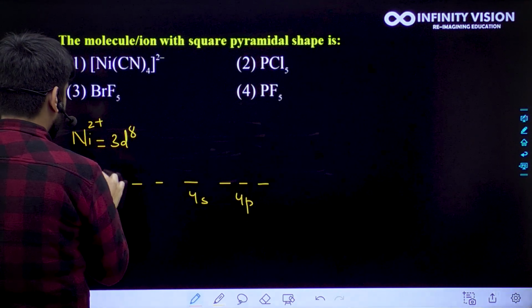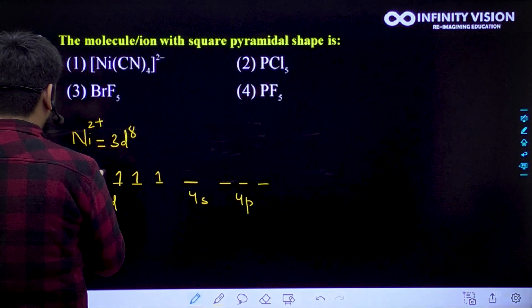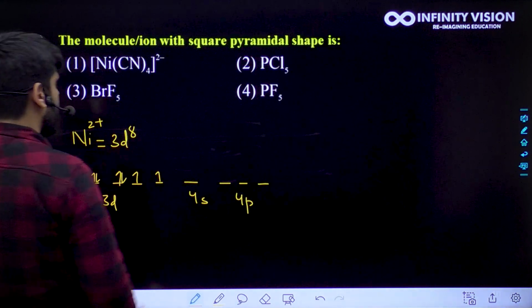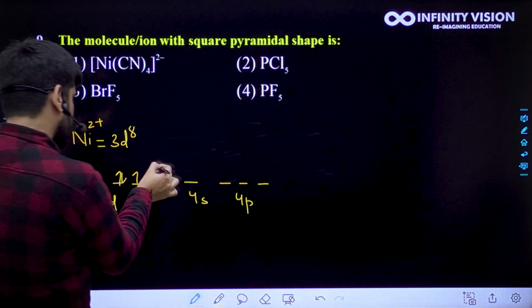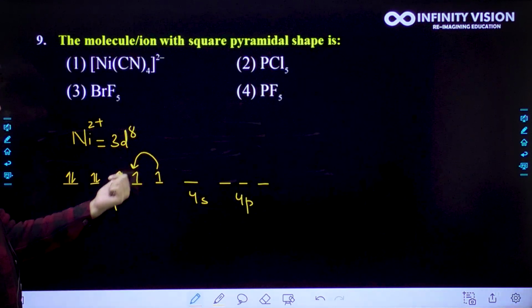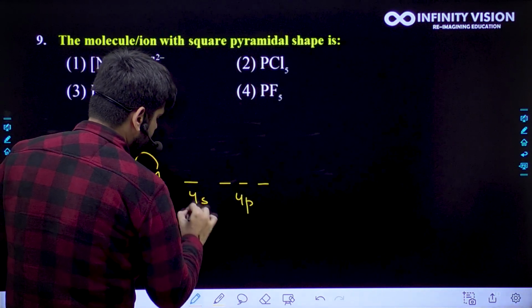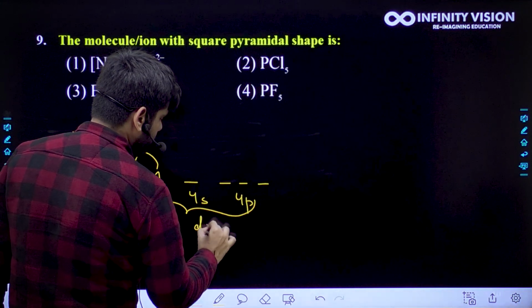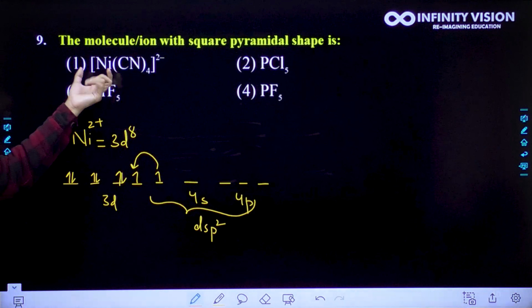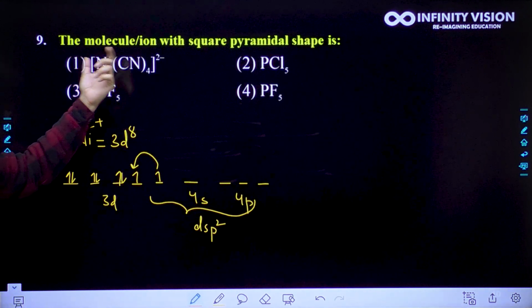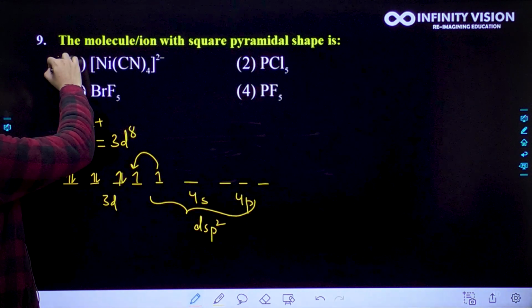So it will pair up the electrons. So this will be paired up, and what we get is dsp2 hybridization, so this is square planar geometry. So A cannot be the answer.